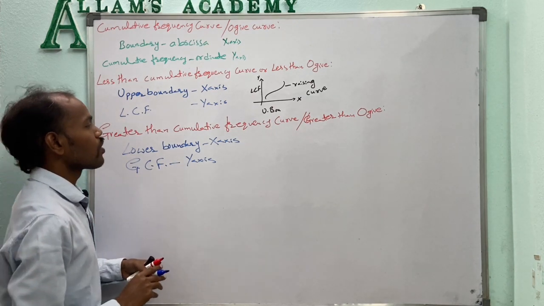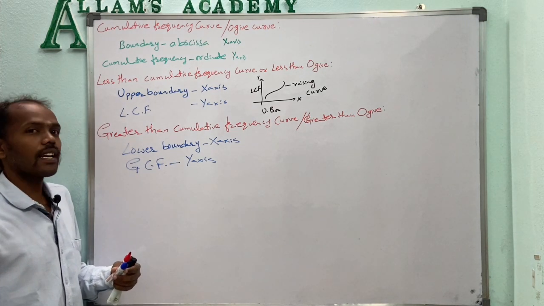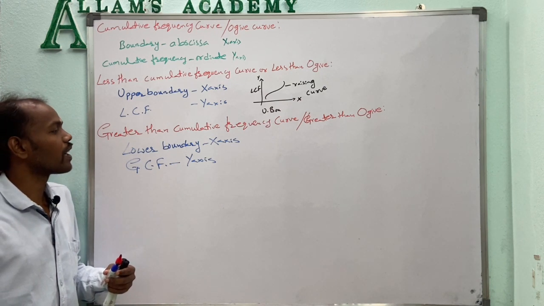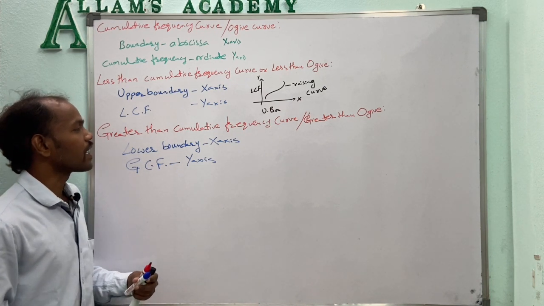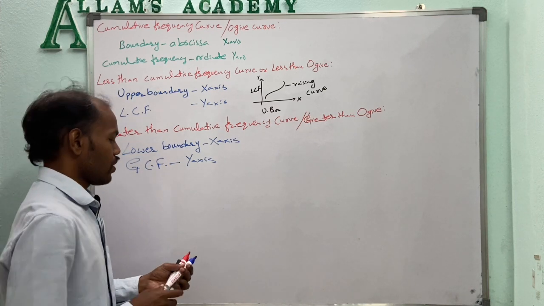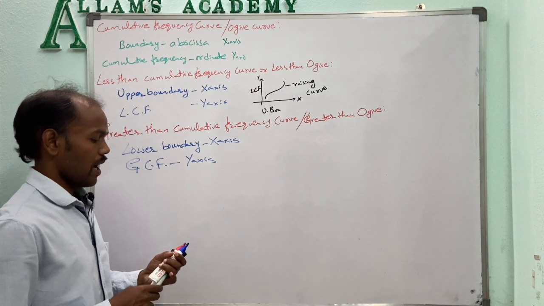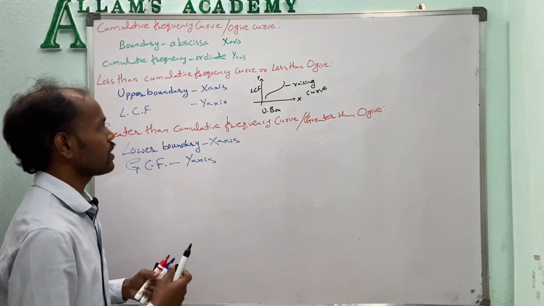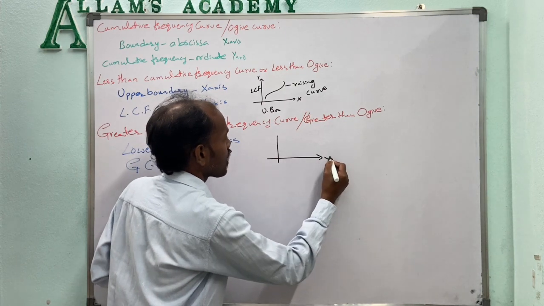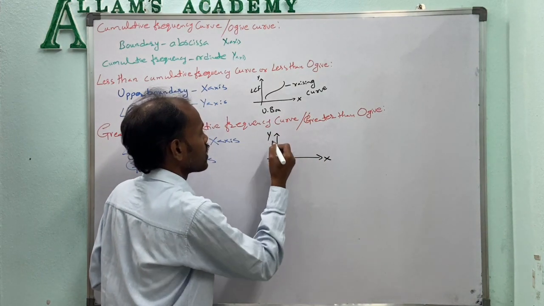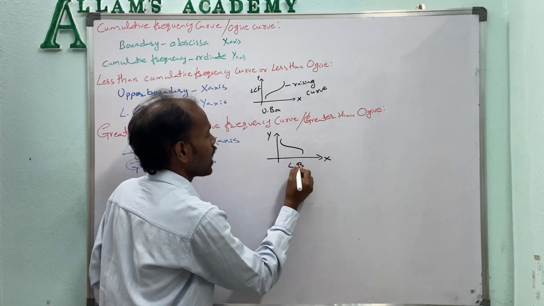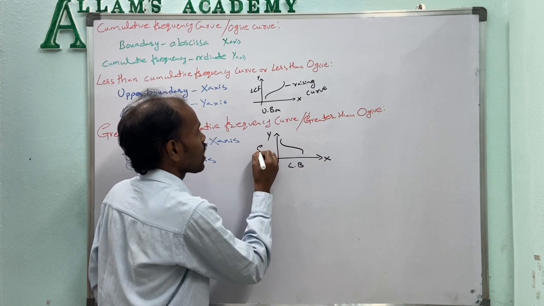The lower boundaries on the x-axis and their corresponding greater than cumulative frequencies on the y-axis are plotted on the graph. By joining the plotted points we get a curve. That curve is the greater than cumulative frequency curve, and it is a falling curve.